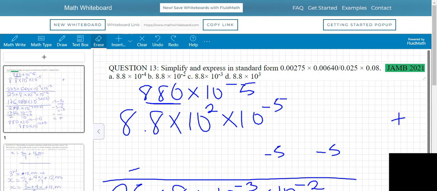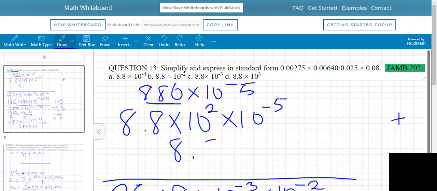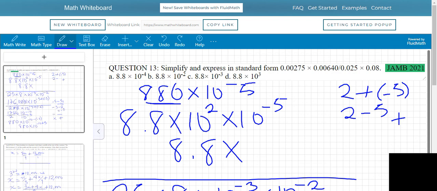If we simplify further, we're going to have 8.8 times 10 raised to power 2 plus bracket minus 5. Plus times minus will give us 2 minus 5, and 2 minus 5 will be equal to minus 3.